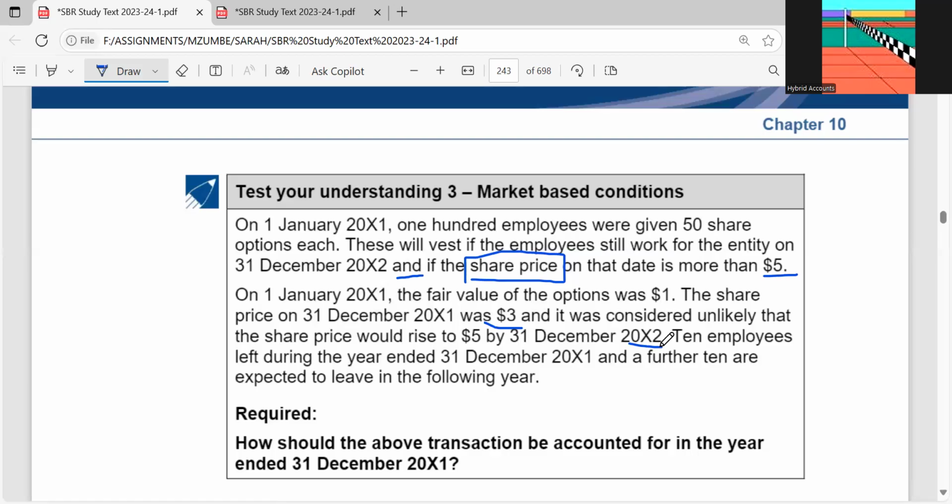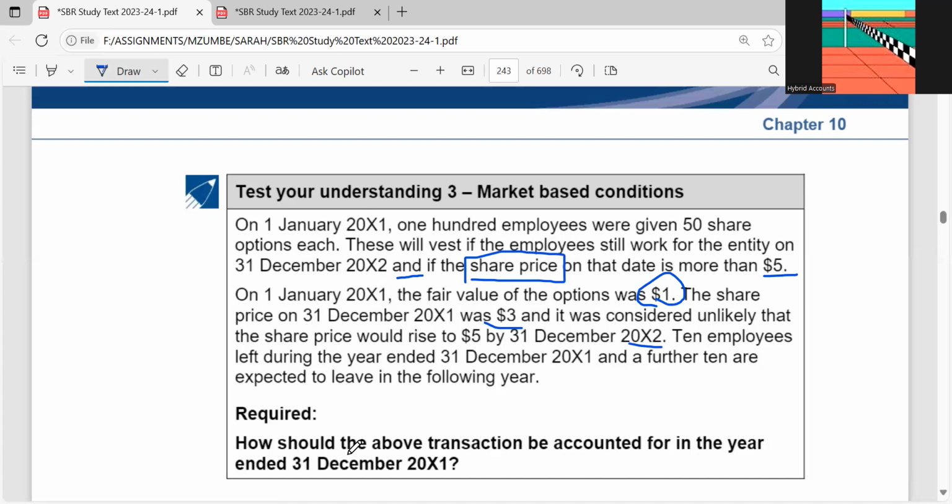The impact is already reflected in the fair value at grant date of the options, which is $1. So just go on recognizing the expense. 10 employees left during the year ended 2021. So in year 1, 10 left, and a further 10 are expected to leave in the following year, right?